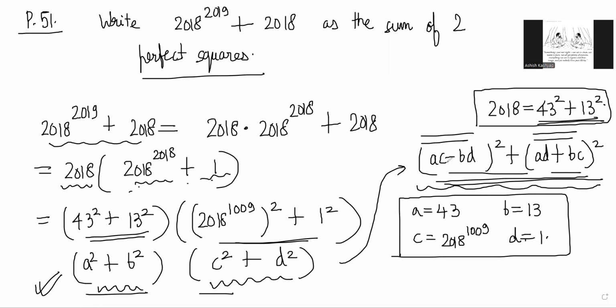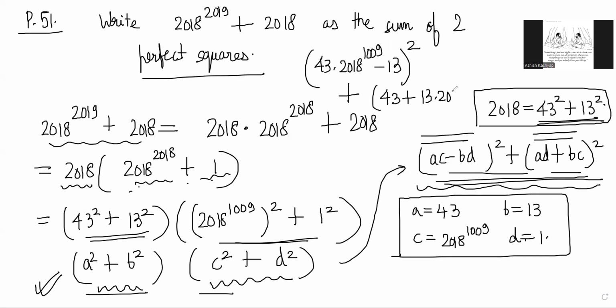So now all you have to do is combine AC and BD and all, and you say 43 times 2018 to the power 1009 minus 13 is my first integer square, plus the second integer is 43 plus 13 into 2018 power 1009.